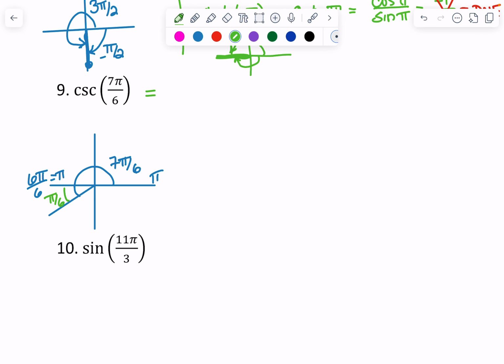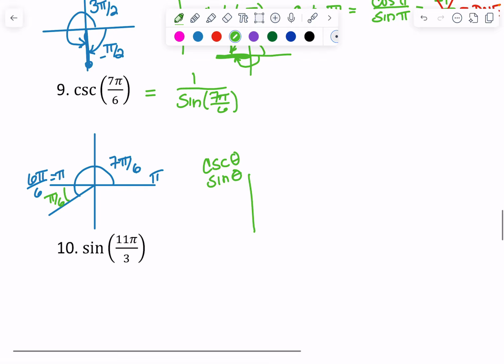All right, let's look. Cosecant theta has the same sign as sine of theta, because this is going to equal 1 over sine of 7 pi over 6. So let's figure out where I'm at as far as negatives and positives before I go to the reference angle.